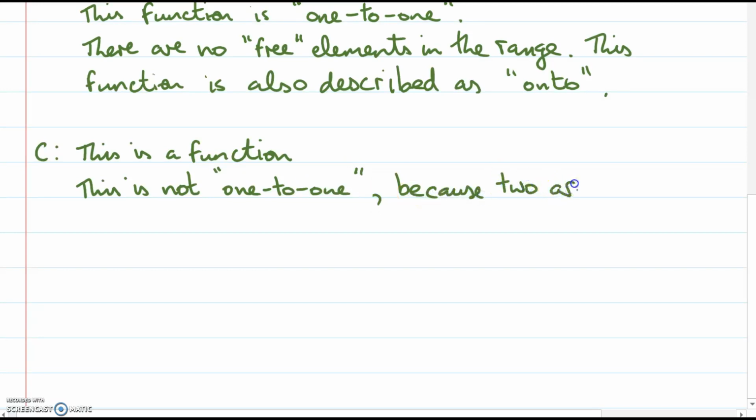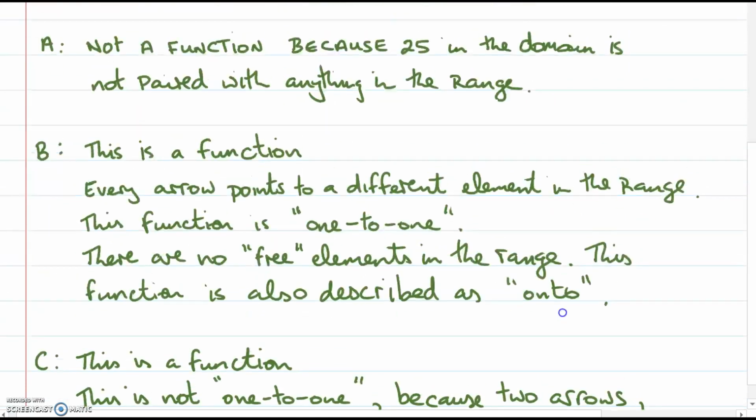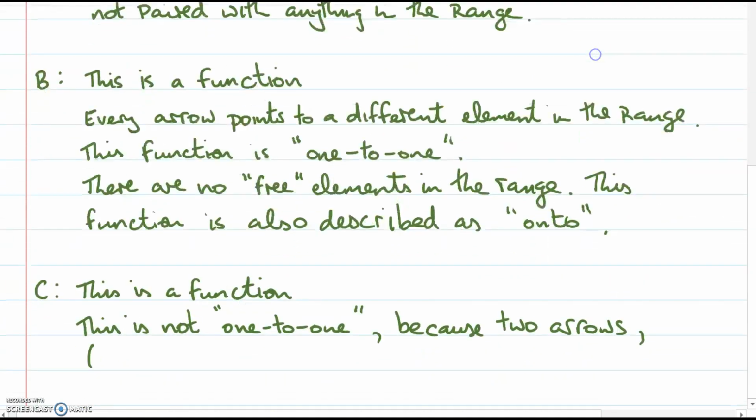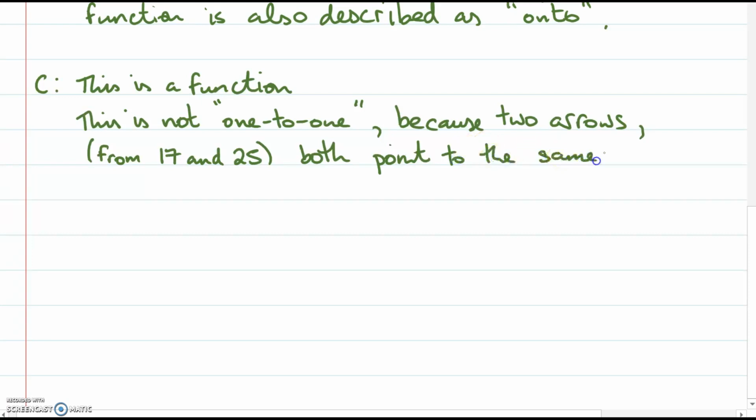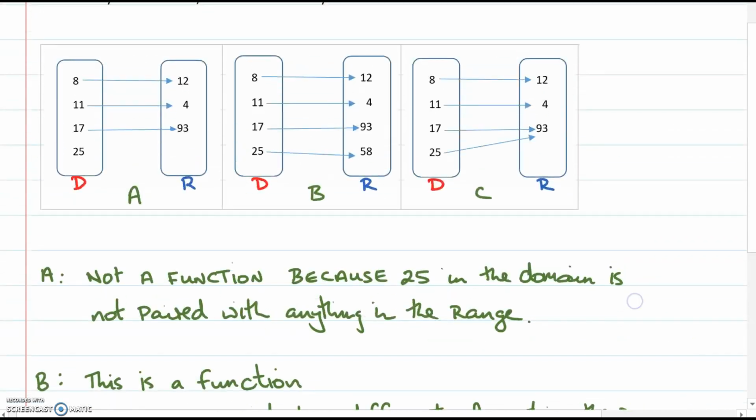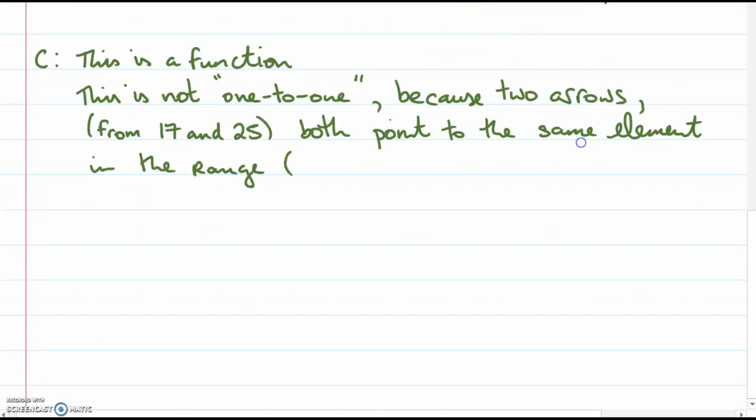Two arrows, one from 17 and one from 25, both point to the same element in the range. I think we said it was 95. Let's just check it again. Pull it back down. 93. I beg your pardon, 93.